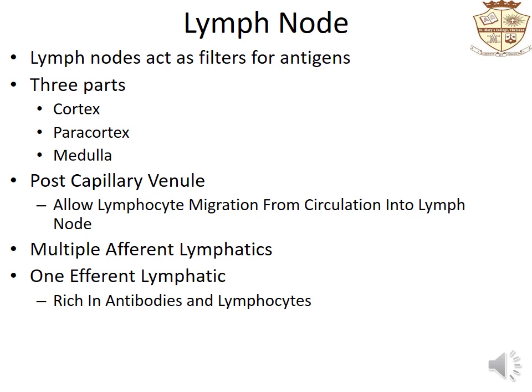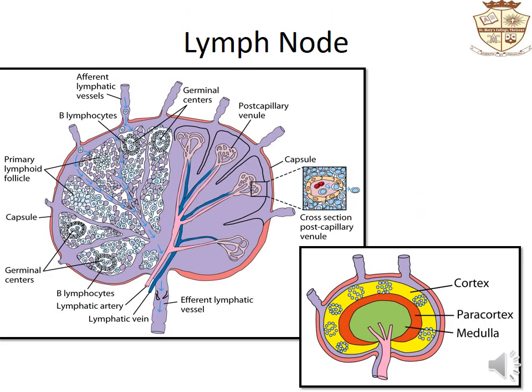Morphologically, a lymph node has three distinct parts: the cortex, the paracortex, and the medulla. In a lymph node, the cortex is the outermost layer and the innermost layer is the medulla, and the paracortex lies between the medulla and cortex.